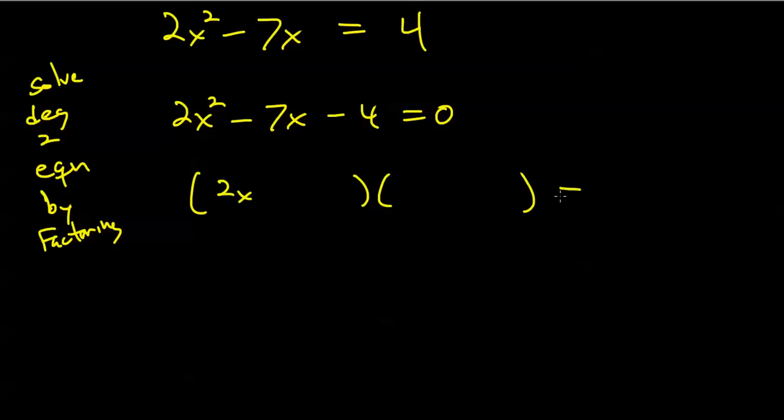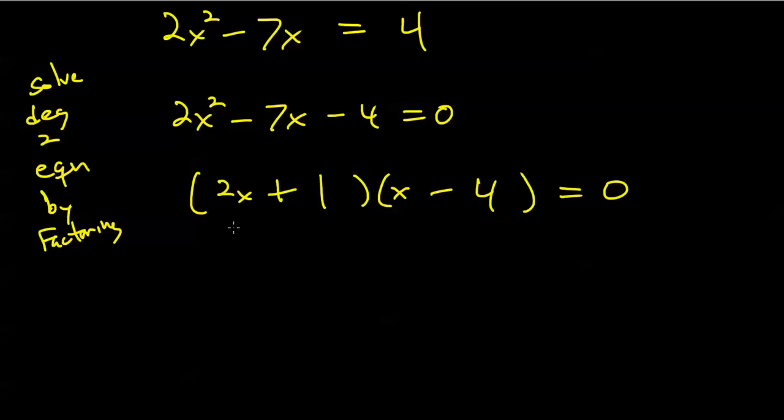And I think I can break down this trinomial into a product of two binomials. So I'll say 2x plus 1 times x minus 4 equals 0.